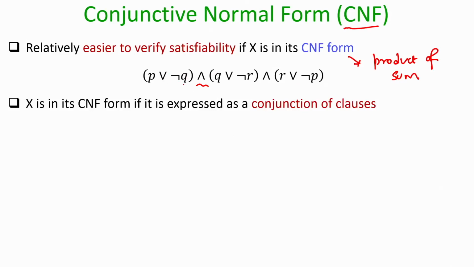Now let us formally define what we mean by a conjunctive normal form. An expression x is said to be in its conjunctive normal form if it is expressed as a conjunction of clauses. You can see the conjunctions appearing here. Each such parenthesis is called a clause.